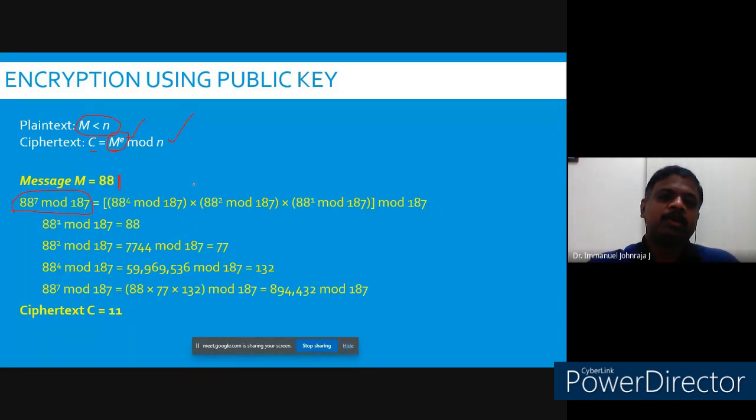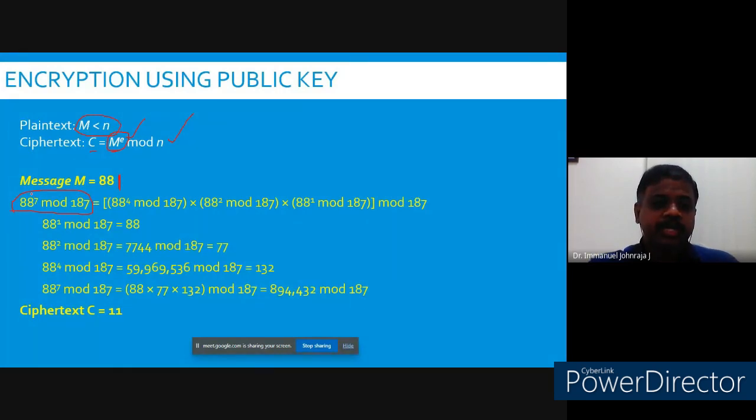What is modular arithmetic? If I recall correctly, a power n multiplied by a power m is equal to a power n plus m, if you remember. Or in other words, a power m multiplied by a power n is equal to a power m plus n. Simple. So the same formula is used here.